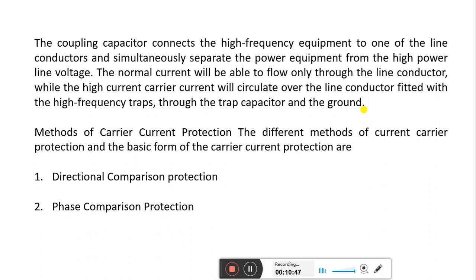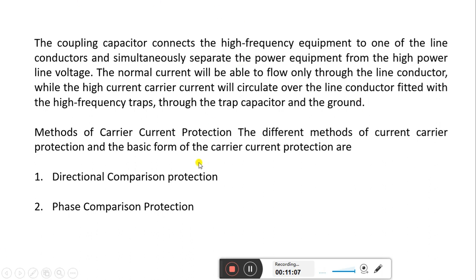The purpose of line traps is to restrict the flow of high frequency signal into the unprotected area. That is, these high frequency signals will be limited within the protected zone.